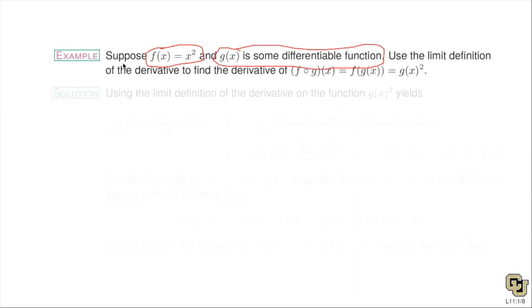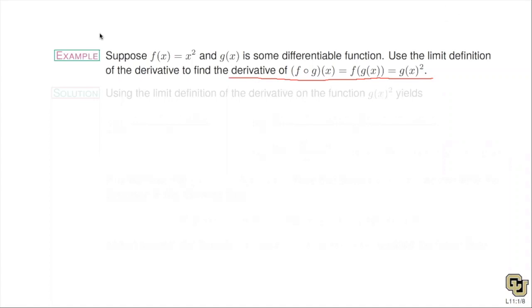I'd like to use the limit definition of the derivative to find the derivative of the composition f composed with g, which by definition is f of g, and in this case looks like g of x squared. What I want to show you is that this formula comes up that we will later call the chain rule. So I'm trying to motivate the chain rule formula to show you it doesn't just appear out of the blue.